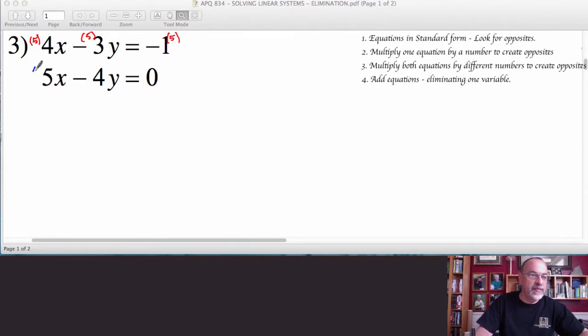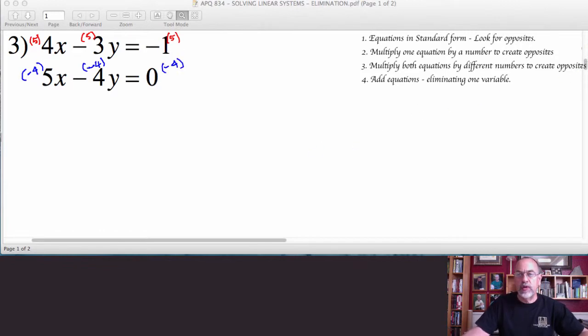Now I need this to be the opposite of what I'll get up here, so if I leave 5 times 4 positive 20, I'm going to need this to be a negative number, so I'm going to multiply here by a negative 4 in order to create my opposites.